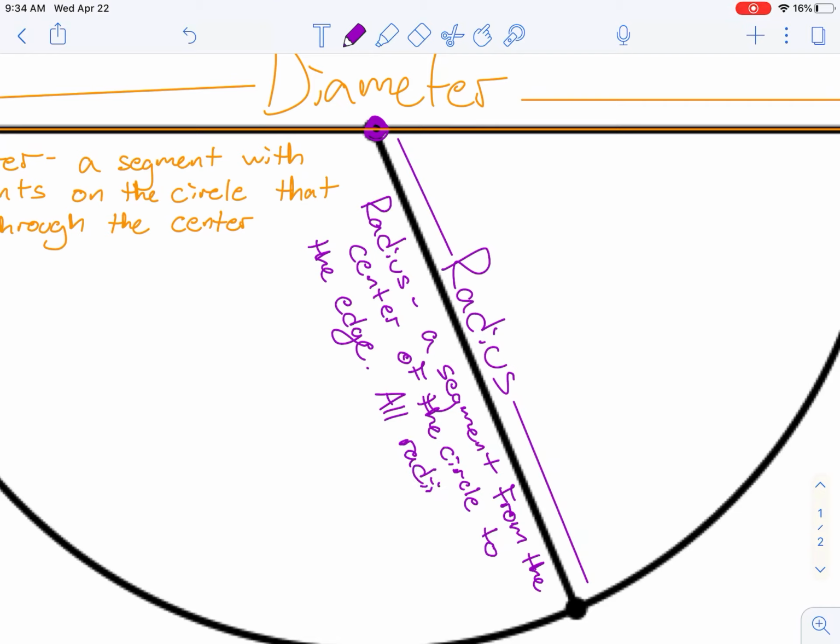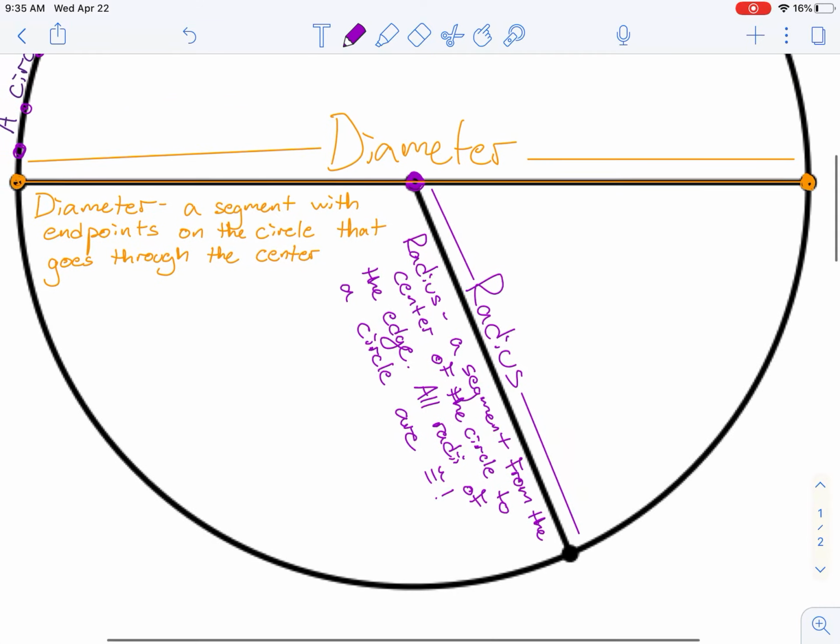All radii, that's the plural of radius, all radii of a circle are congruent. And that is something important to know. All radii within a circle are congruent to each other.